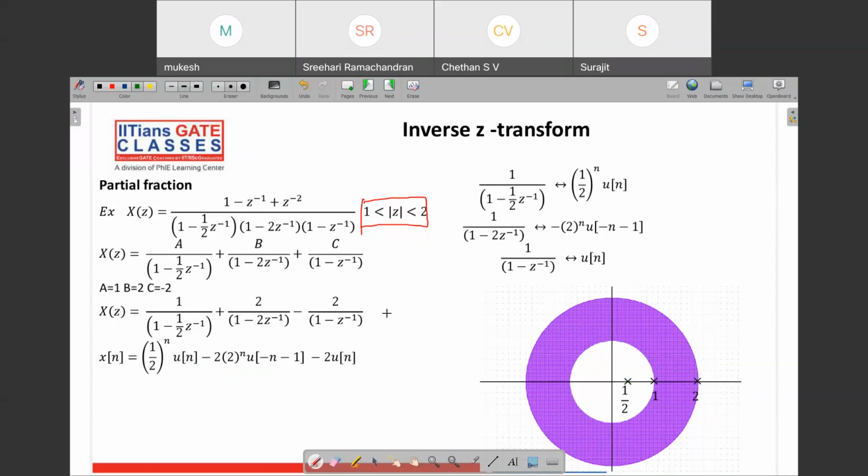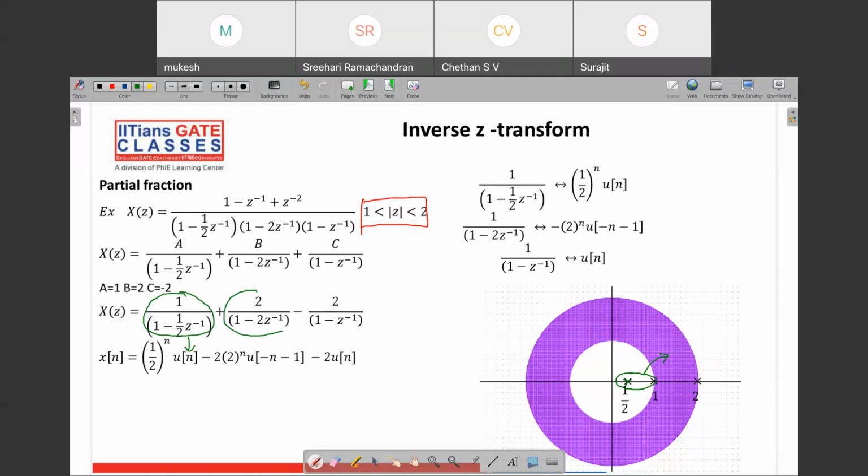Okay. So if your pole location is such that ROC is outside, like outward, for those poles, you should take the right-sided. So we have pole at 1 by 2, and correspondingly we have a term here, this one. And for this one, I will take the right-sided.